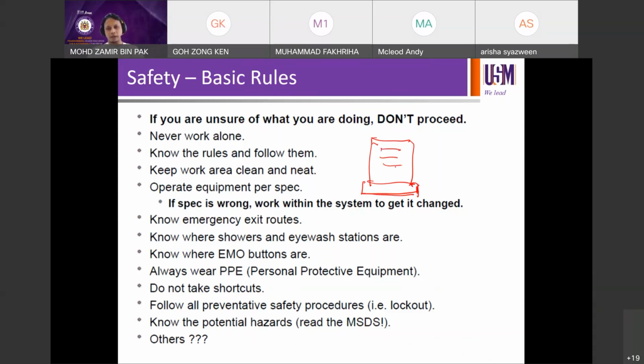Kalau ada satu wafer ni, satu pot ada 25 wafers. So if you completed all the process for one particular technology, each wafer, 8 inch, will cost you USD $1,000.